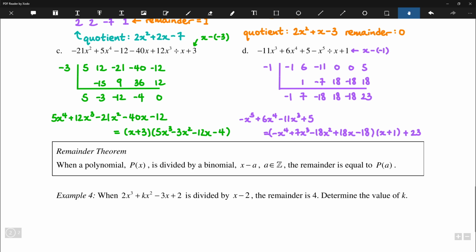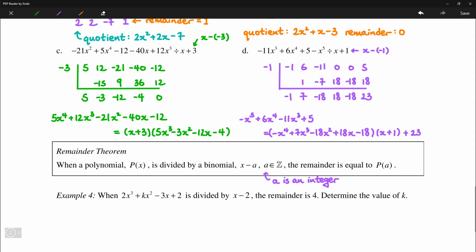It says when a polynomial p of x, so something that looks like what we have dealt with today, is divided by a binomial x minus a, so the format of a monic binomial of degree 1, where a is an integer, then the remainder is equal to p of a.